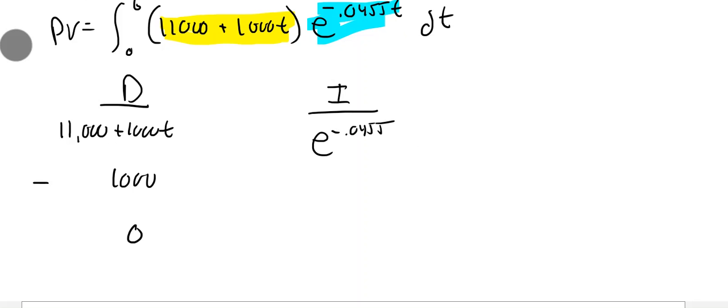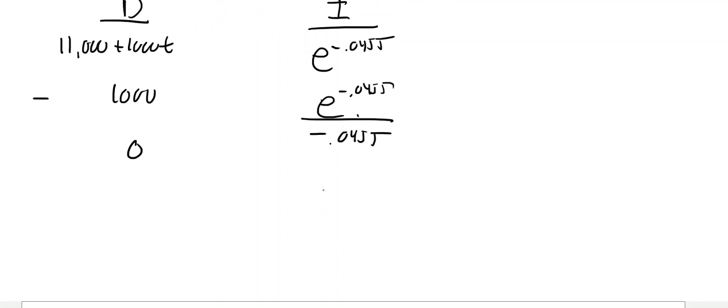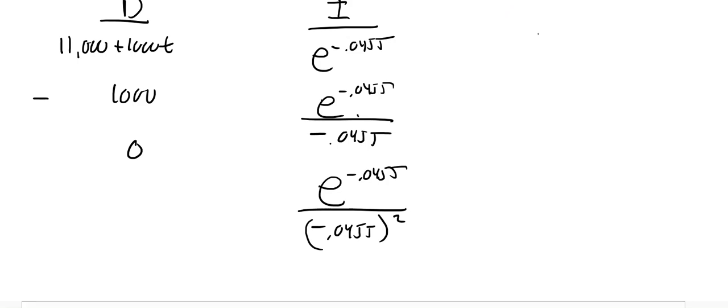And we take antiderivatives of that. So we're going to have e to the negative 0.0455t divided by negative 0.0455. And then for the last one, we do it again, e to the negative 0.0455t divided by negative 0.0455, but we have two of them now, so square it. And so those are the derivatives and the antiderivatives.